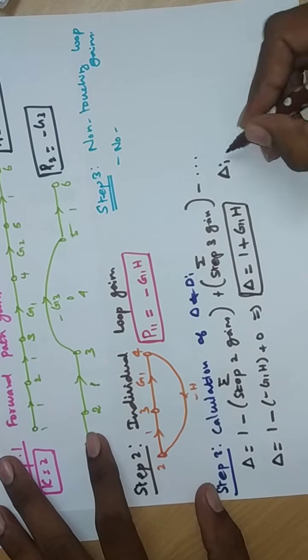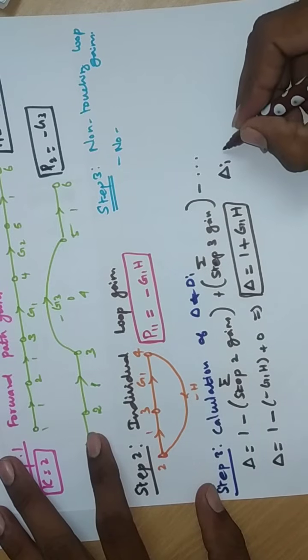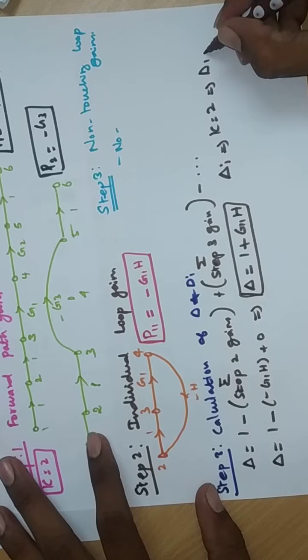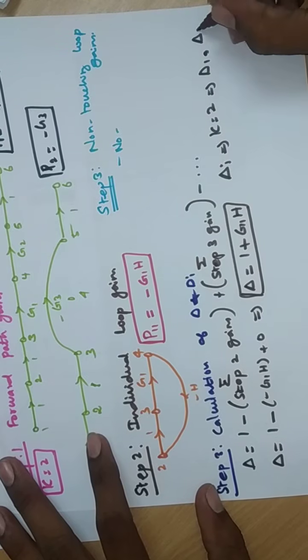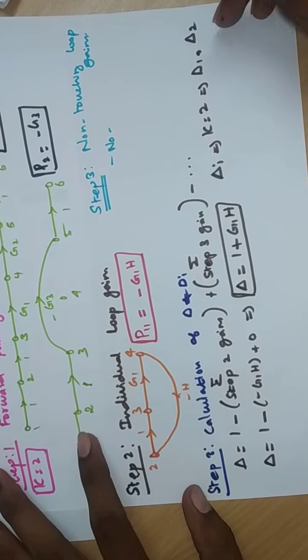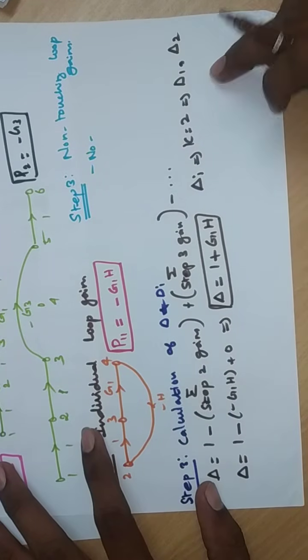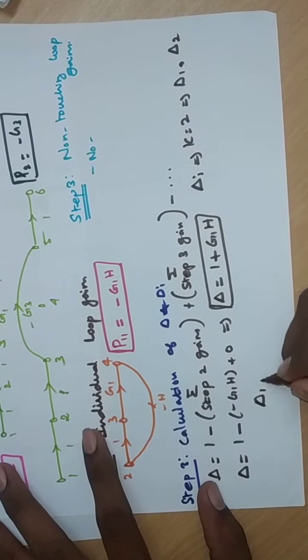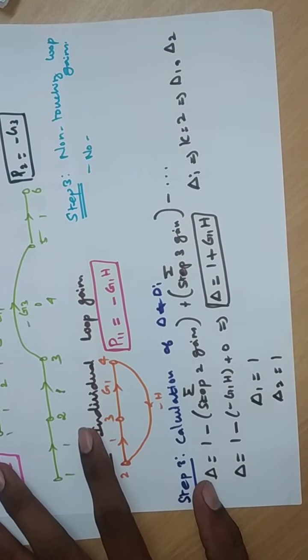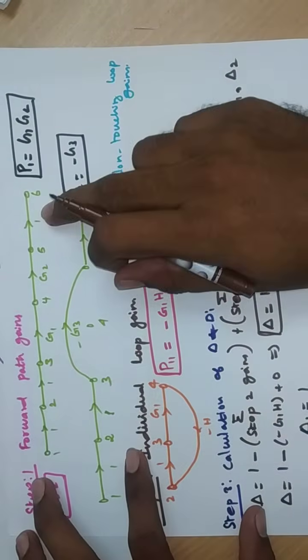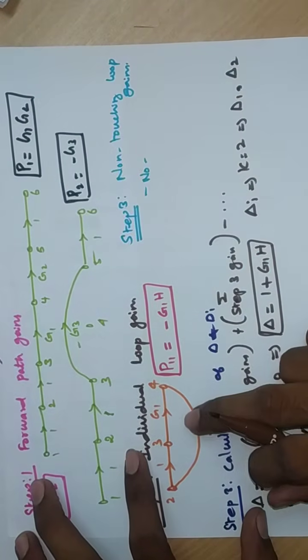The K value is 2. So in this problem there are two values, delta 1 and delta 2. Initially let delta 1 be 1. For the delta 1 calculation, take the first forward path and place this particular loop.